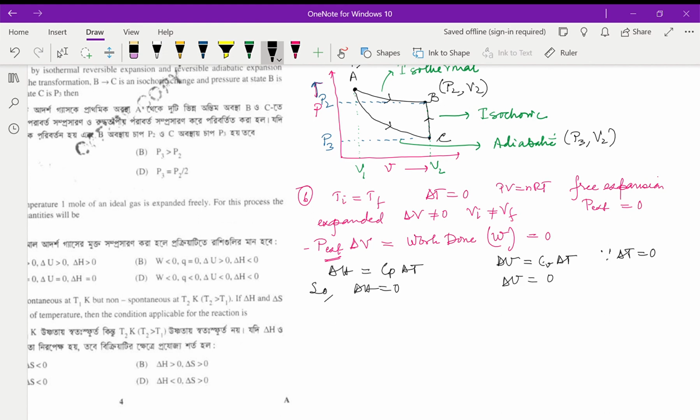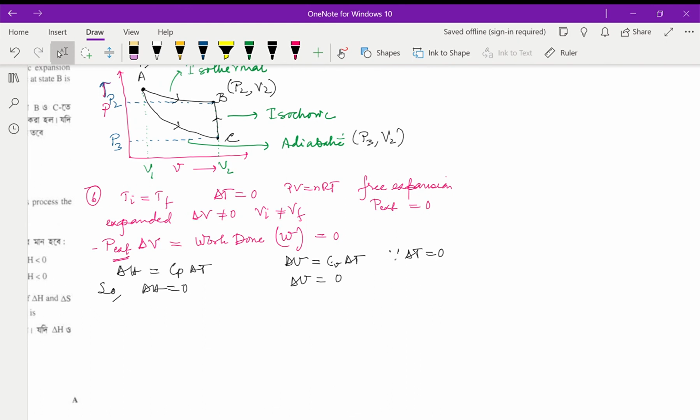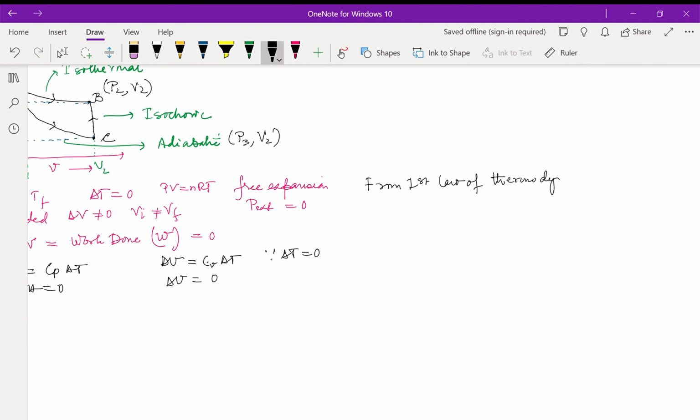We again know from the first law of thermodynamics that Q is equal to delta U plus W. So if these two are 0, obviously out here Q is going to be 0.